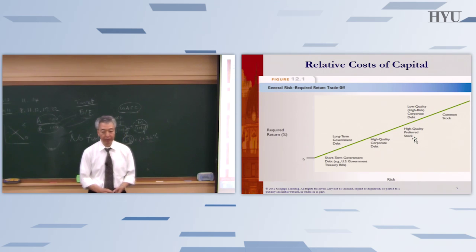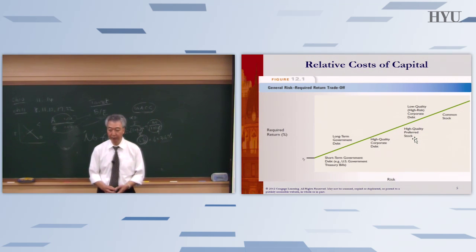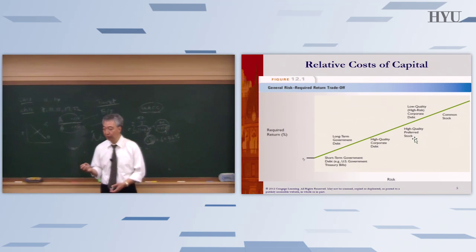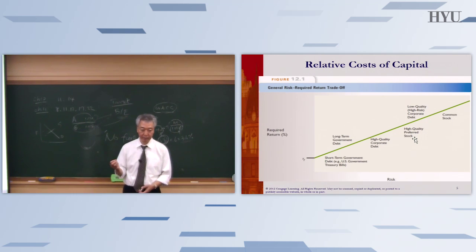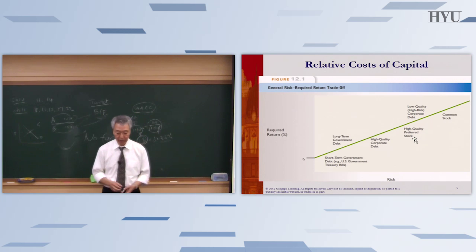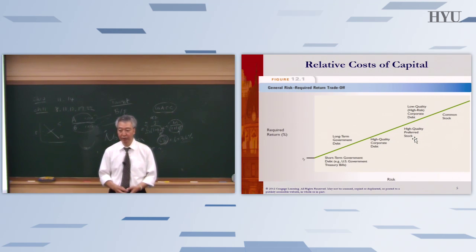But in many senses, it is considered a debt, because when a company issues preferred stock, they promise to make dividend payments every period. So why is it riskier than the bond then? Well, that's the same thing with the bond, isn't it?